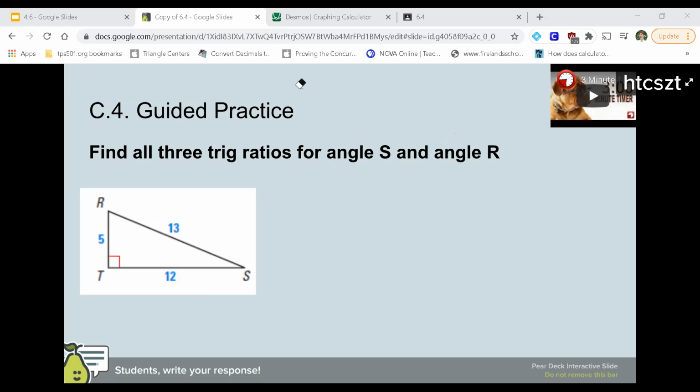Okay. Let's do angle S first. So angle S is this angle right here. So you need to do 2 things. First, you need to label the triangle. So you need to tell me which of these is the opposite, which of them is the adjacent, and which is the hypotenuse for angle S. And then step 2, you're going to use your formulas.